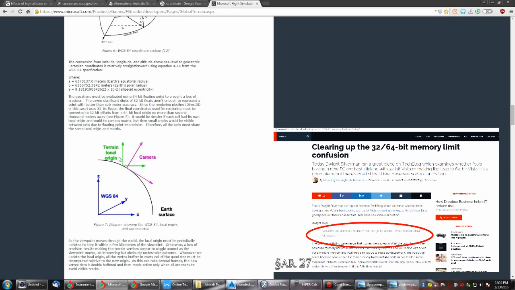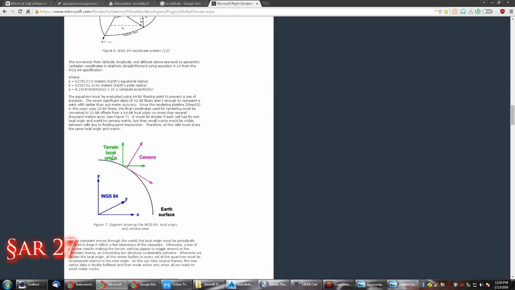And here we have a terrain local origin, which is telling you this is the terrain of the triangular mesh. It's intended for flat Earth, and it has a perfect 90-degree angle. And then it wants to tell you that it has a camera looking down somewhat.